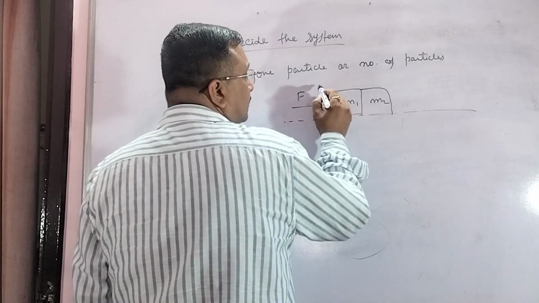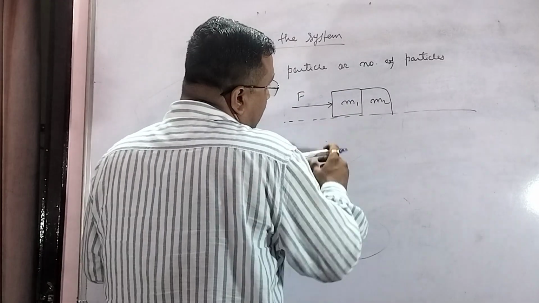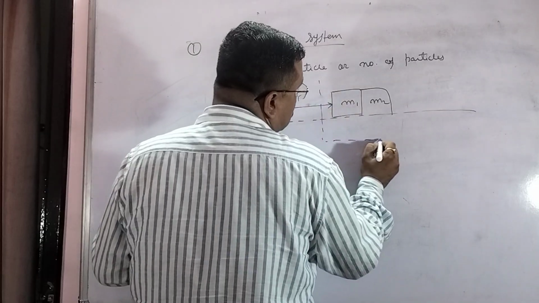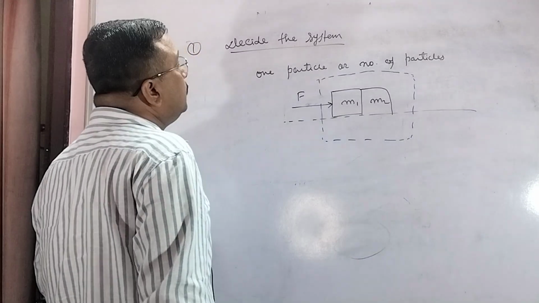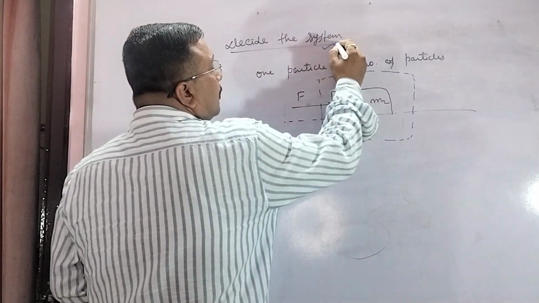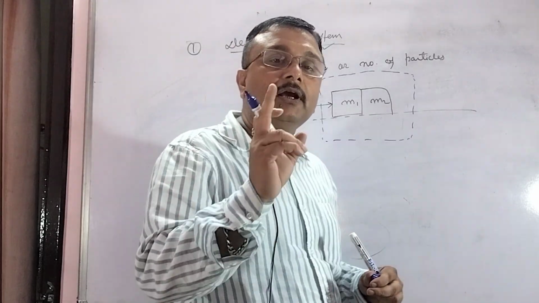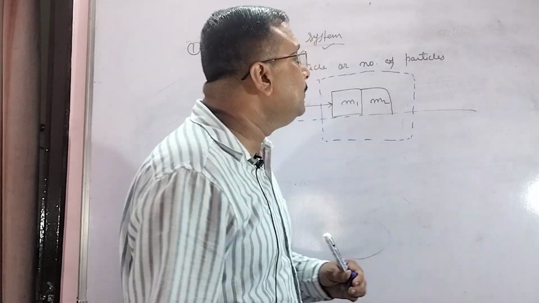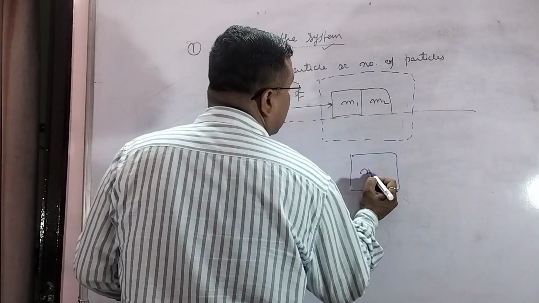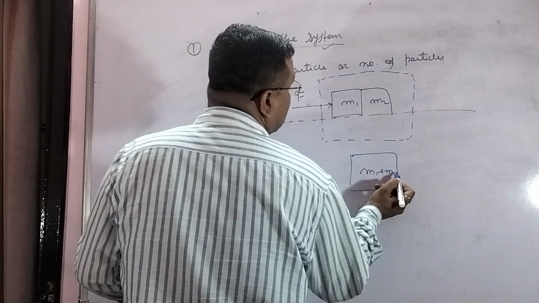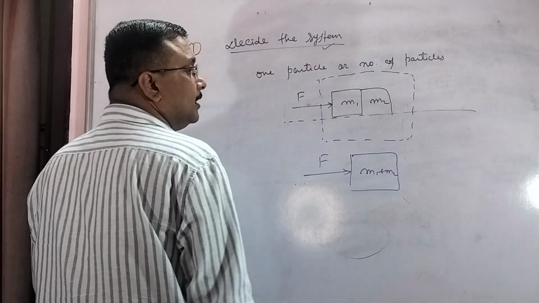Can we decide to take these two together as a system? When we talk about a system, all such combinations are treated as a single one. So we consider M1 plus M2, two objects, and the force F in the same direction.